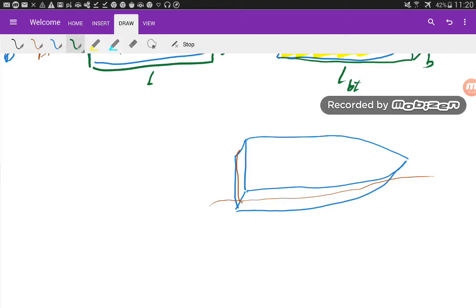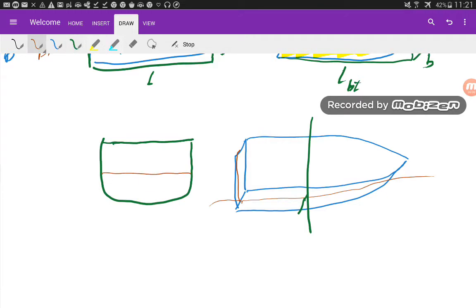Now if we cut the vessel at midship, the middle of the vessel, we'll have this face. This is the total cross section of the vessel, and here is the waterline.